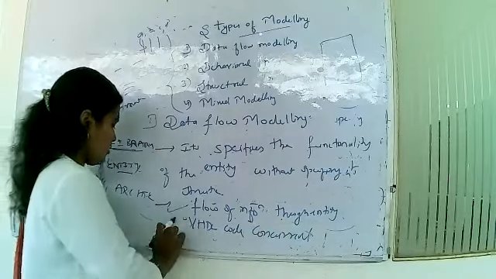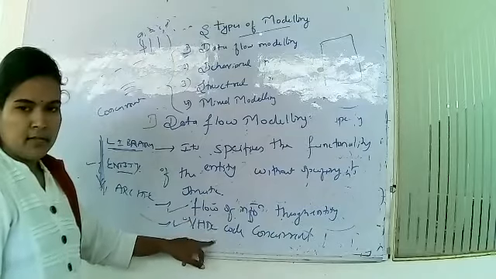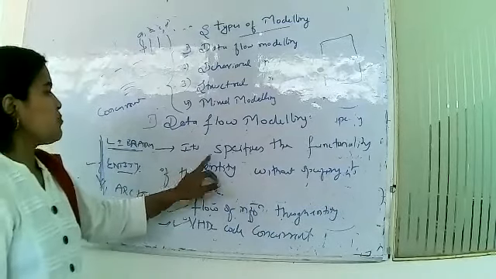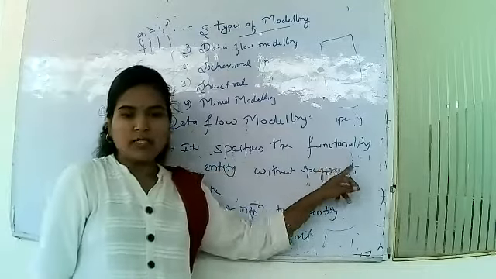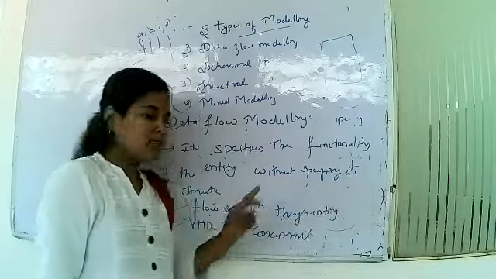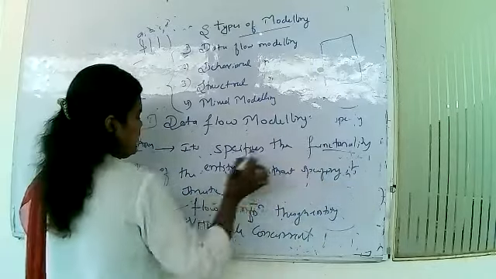Did you clear this? Two points. The next thing is that it specifies the functionality of the entity without specifying its structure. So what is the functionality of the entity?